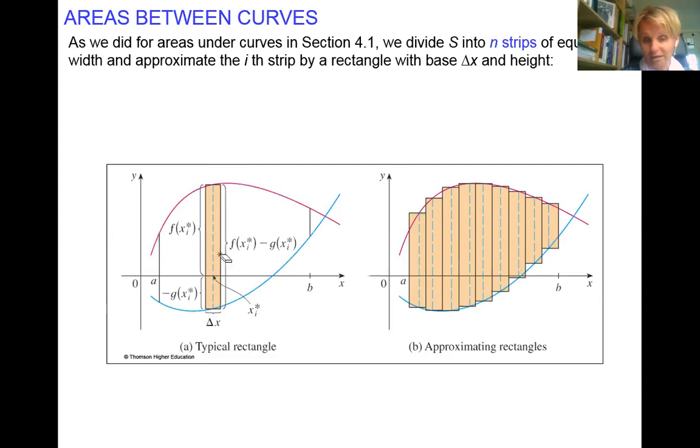In this case, the vertical distance can be computed as the top curve minus the bottom one, f of x minus g of x at the sample point. That means delta x as the base of the rectangle times the height, the difference between the top and the bottom curve.